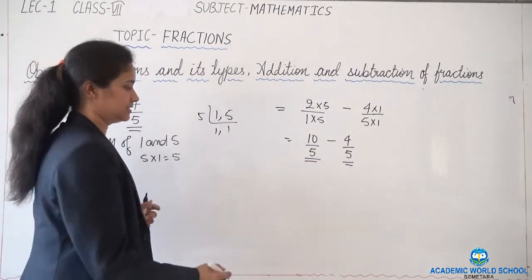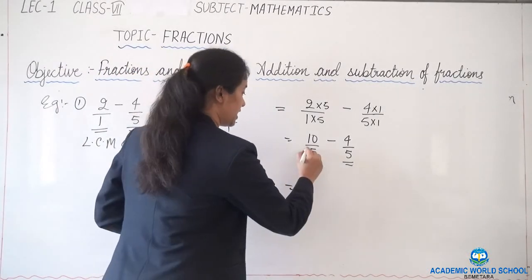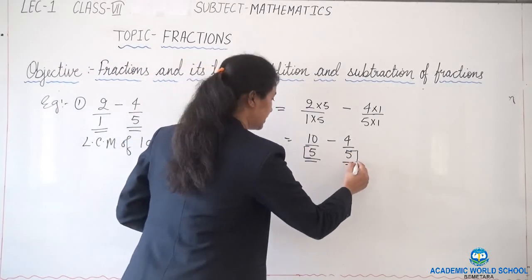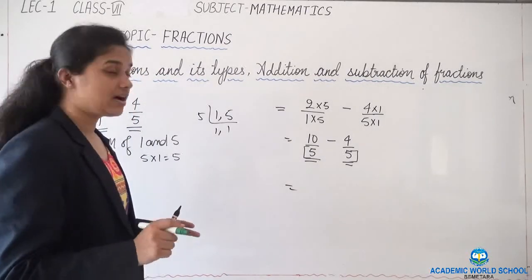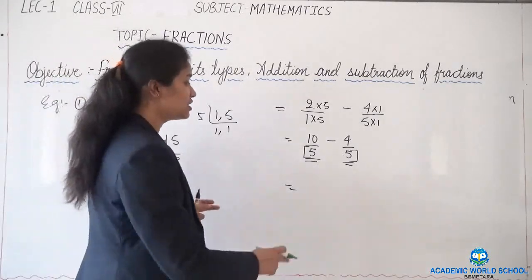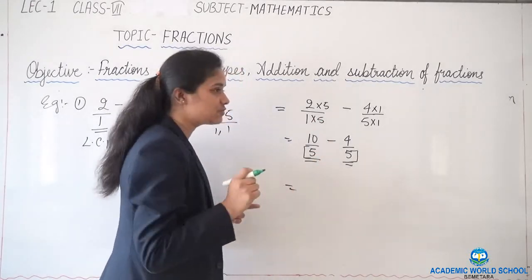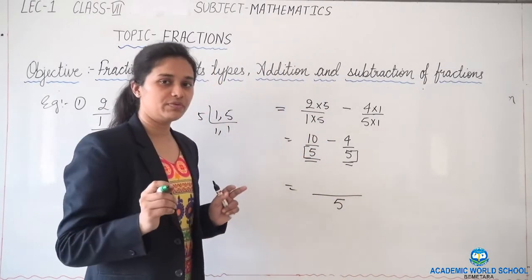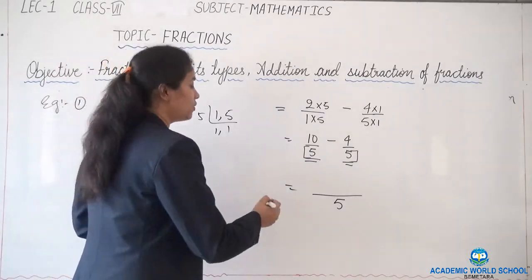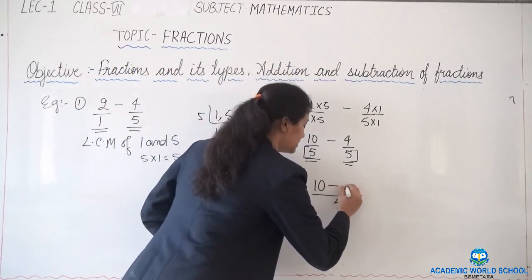Now what is next? Again, what was the rule in addition? That we can't add the denominators. Same way we can't subtract the denominators. You can't write 5 minus 5. As the denominator is 5, here also we will write 5. We only subtract the numerators.